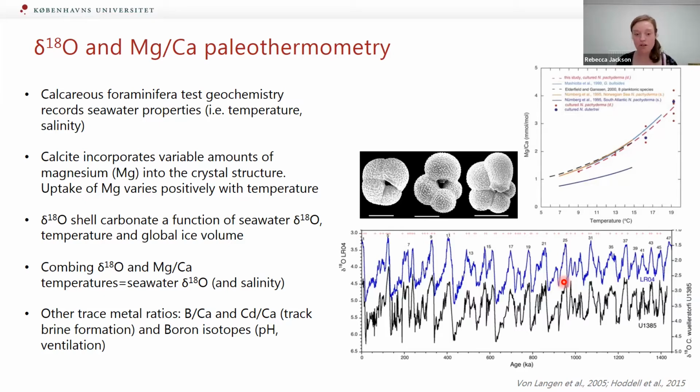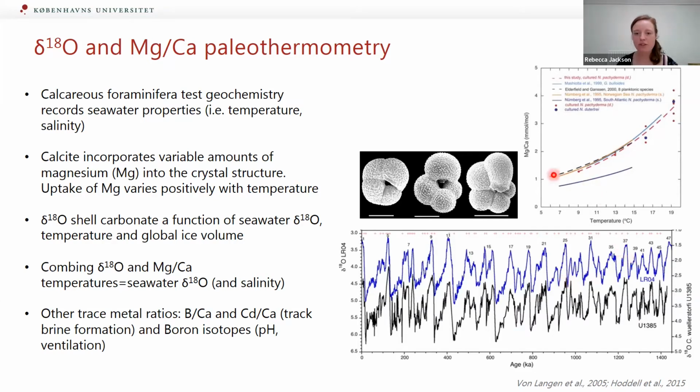Paleothermometry has been a big one, and there are a lot of different ways to measure this. One of the more common ones, applicable for planktic and benthic foraminifera, only the calcite ones though, not the agglutinated ones, is that the magnesium-calcium ratio is temperature dependent. Calcite incorporates variable amounts of magnesium into the crystal structure, and this is very dependent on temperature.